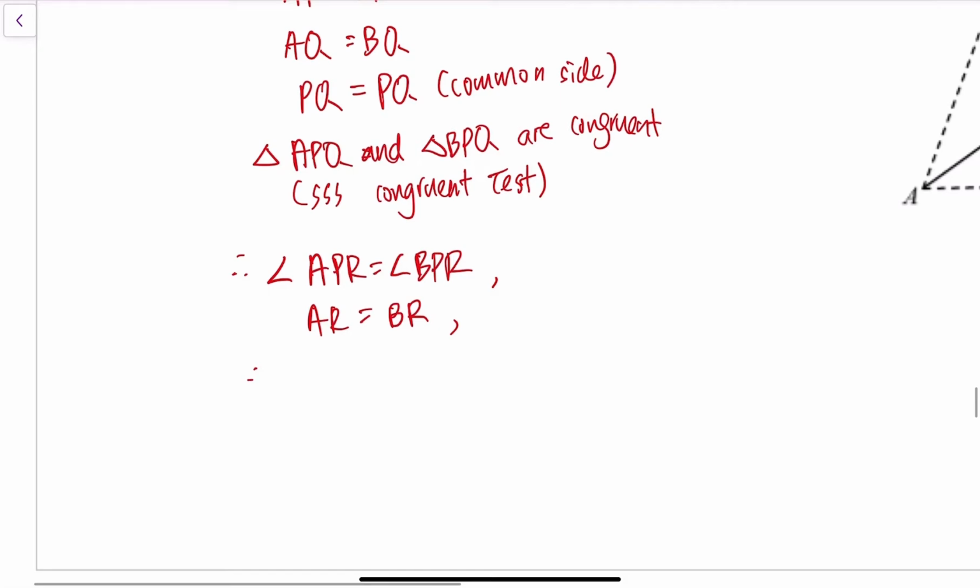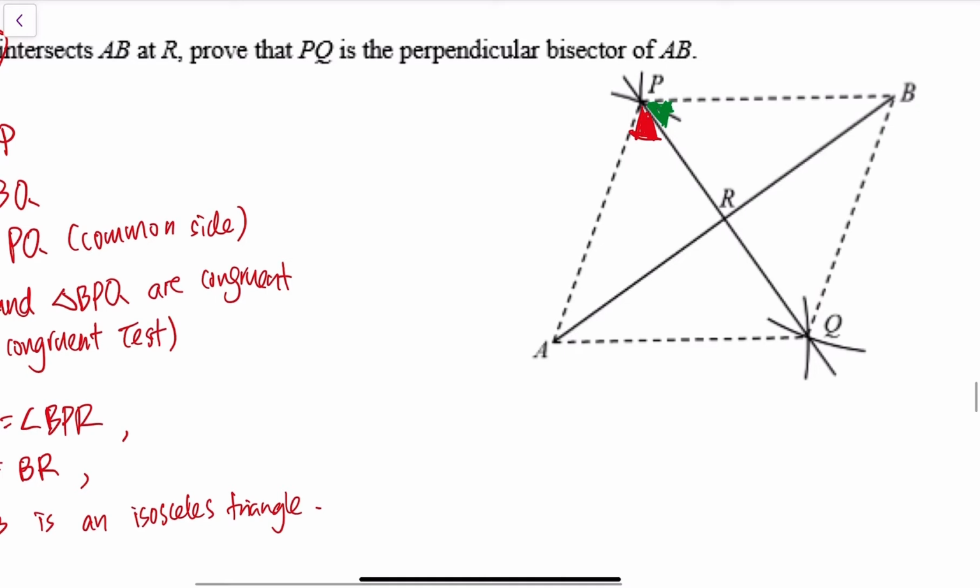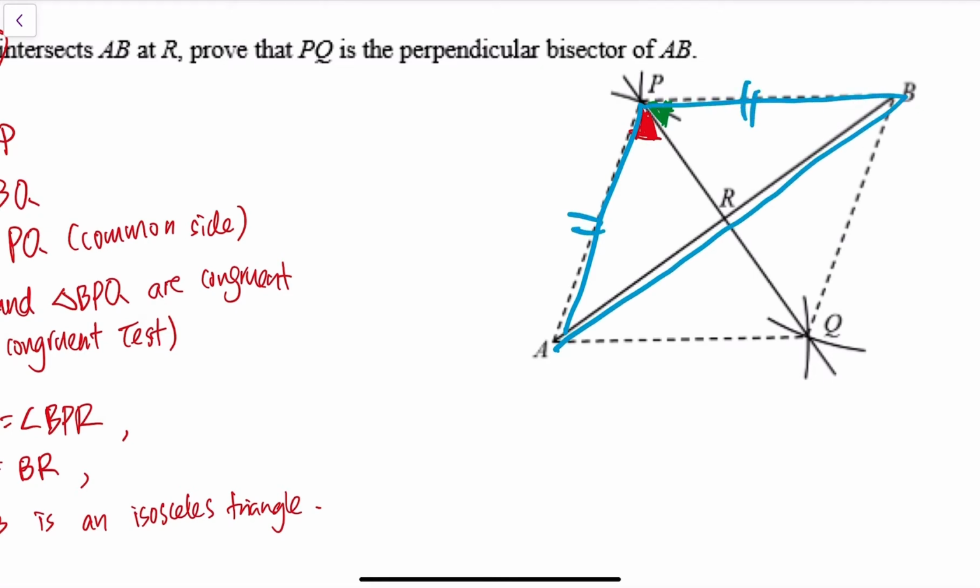Therefore we can say that triangle APB is an isosceles triangle. Now once we have shown that APB is an isosceles triangle, this big one, then we can say that this angle in blue and this angle in blue are going to be equal to each other.